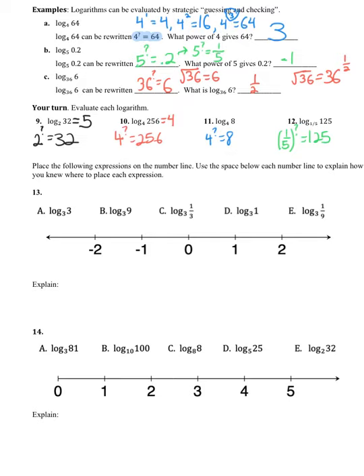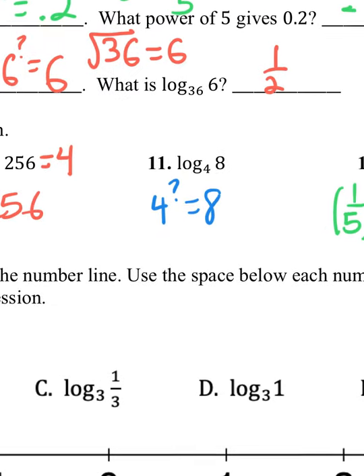And then number 11, this is where it gets a little tricky. I'm going to zoom in on that for us. So it's 4 to the question mark equals 8. Let's go ahead and clear that off a little bit.